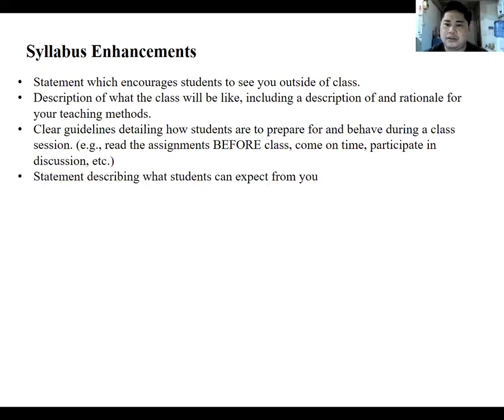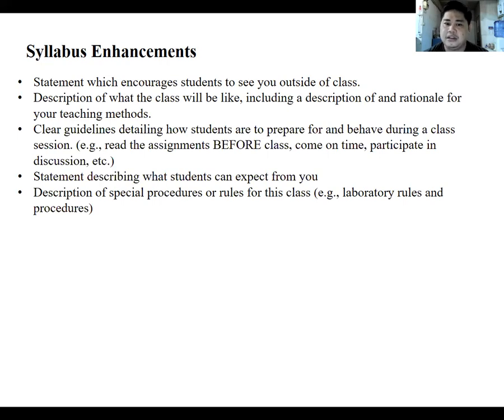Next, the statement describing what students can expect from you, description of special procedures or rules for this class, especially if you are handling major subjects and laboratory subjects. So this should be incorporated because these are very important.